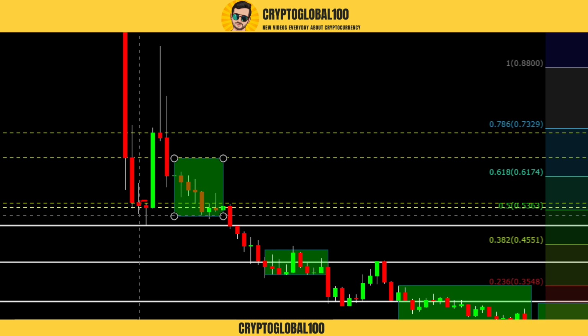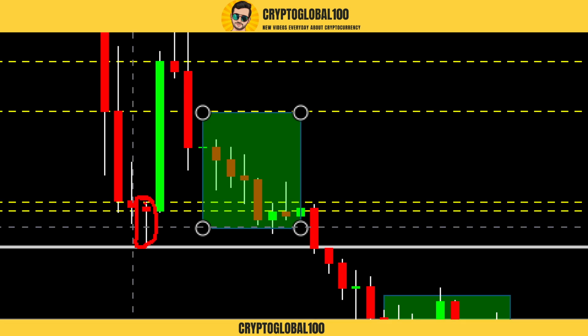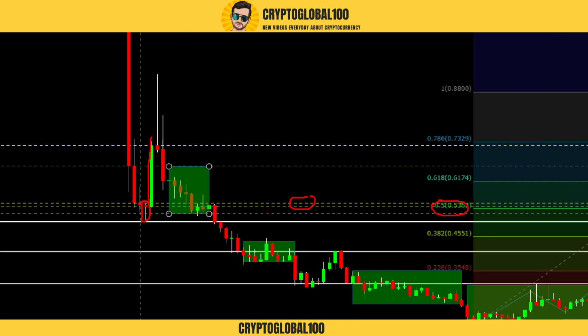You see this candle was perfectly aligned with the Fibonacci level. This was a doji candle, and the reversal came from here, after that huge upward candle. So these two levels became perfect for the 4-hour chart.